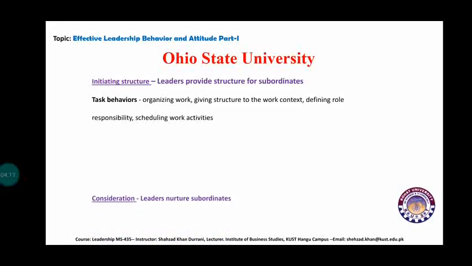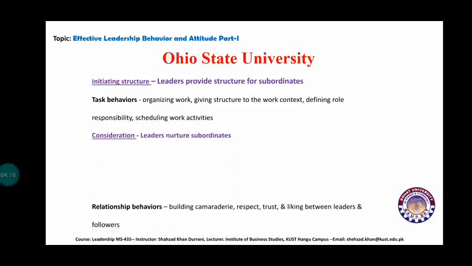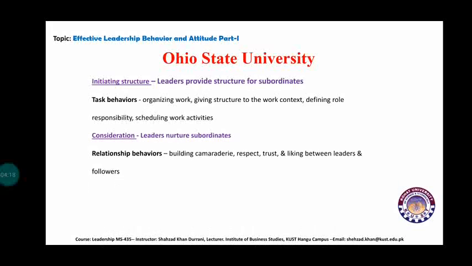And then we have consideration, where leaders nurture subordinates. That is actually the relationship behavior: building camaraderie, respect, trust, and liking between leaders and followers, the mutual respect, the love for each other, helping each other. That is more of a relationship behavior, and that's called consideration.